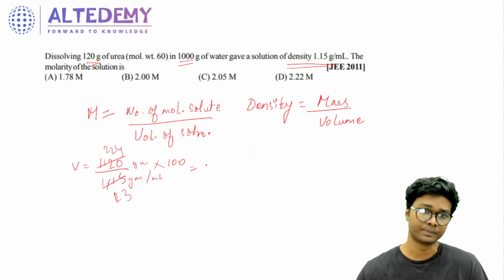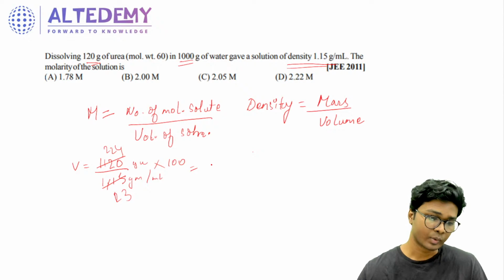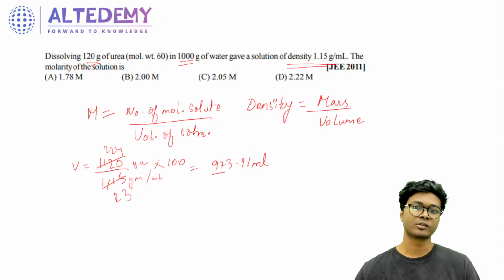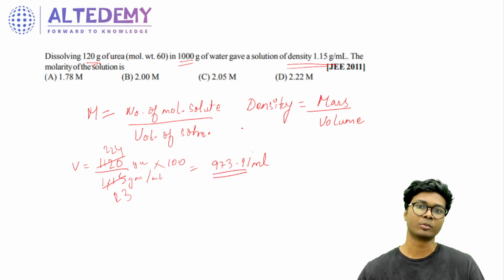When we divide it, we'll get 973.91 ml. So this is the volume of the given solution.